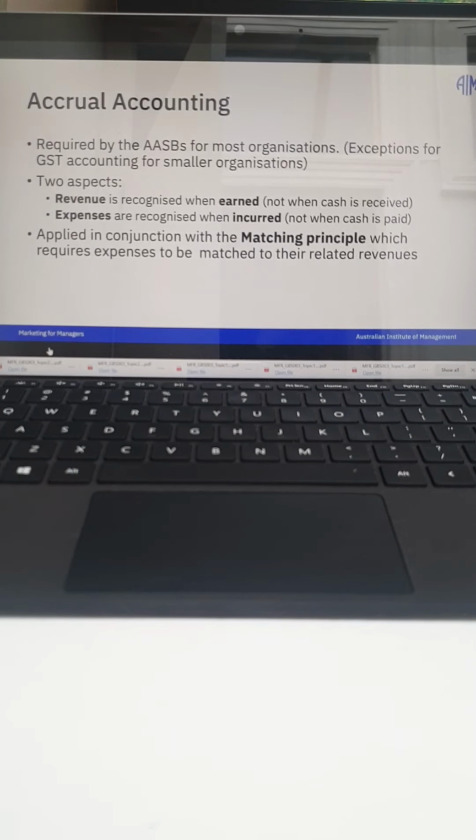Let's turn our attention to expenses and apply a similar logic. When we pay an expense in the same time period as we incur it, easy, no adjustment needed. But we might pay for an expense before we actually incur it. So this could be a subscription, a license. We make an upfront payment and we'll have use of that item for 6 months, 12 months, for a time period.